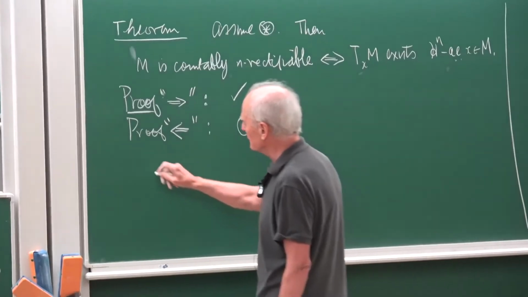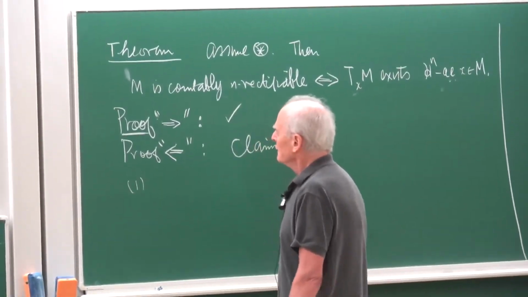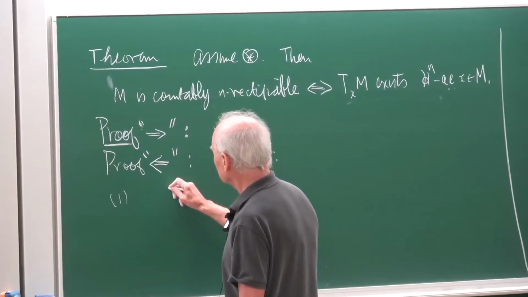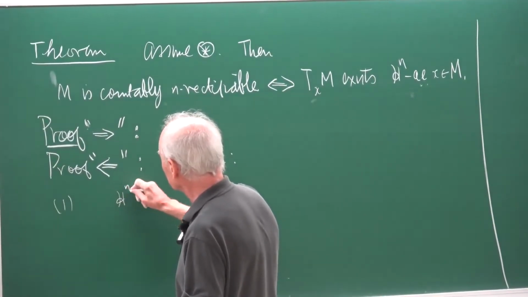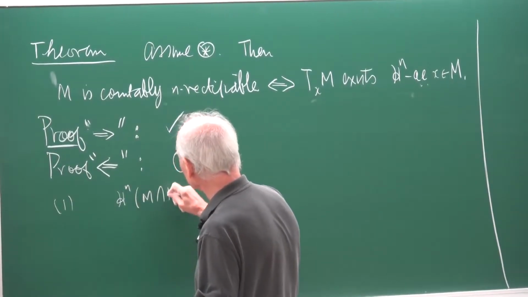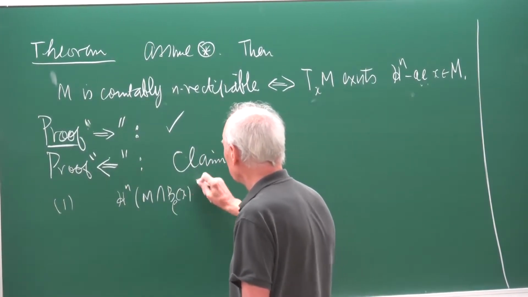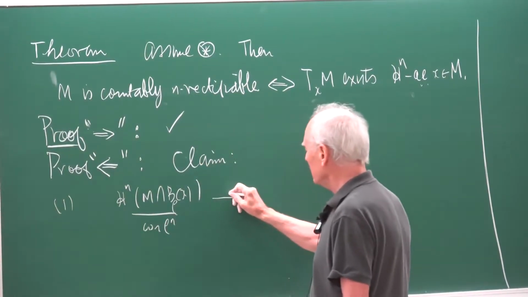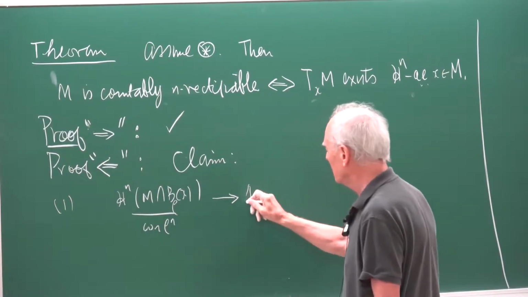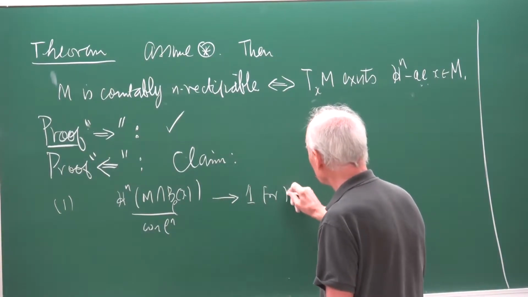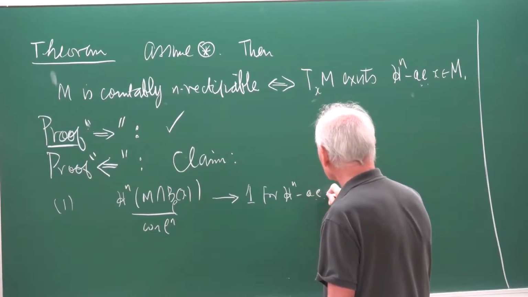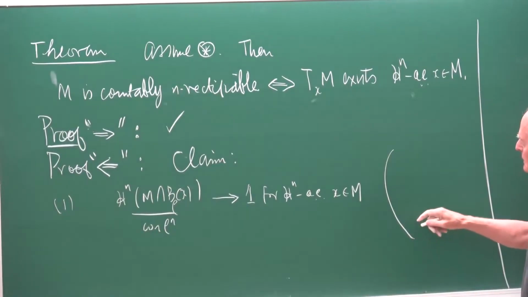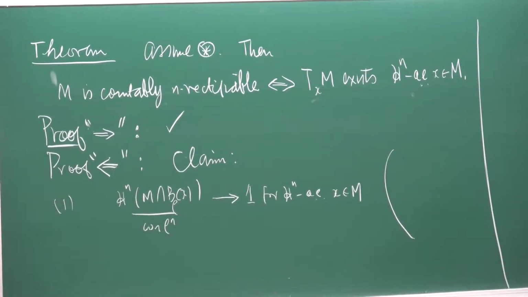I claim two things, actually. First thing is that Hn of M intersect B rho x over omega n rho to the n, I claim that that tends to 1 for Hn almost every x in M. Notice that's in our previous notation when we were talking about densities in measure theory.